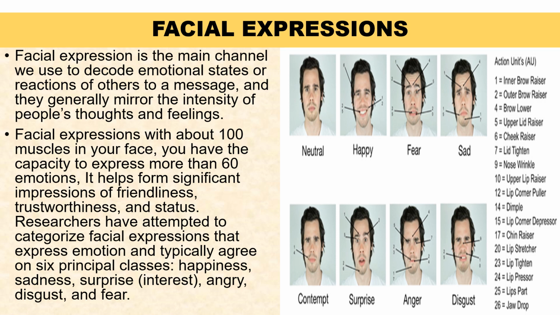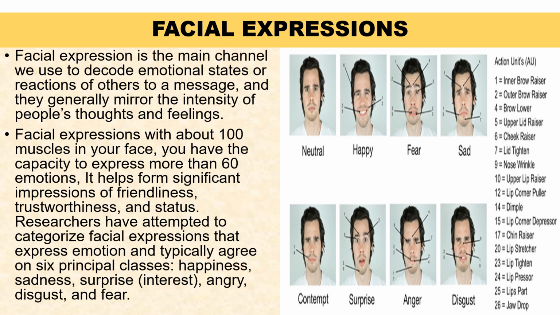You just see that facial expressions, about 100 muscles in your face, is unbelievable, right? 100 muscles in our face working together to express our feelings with someone while speaking. So how many emotions? 60 emotions.